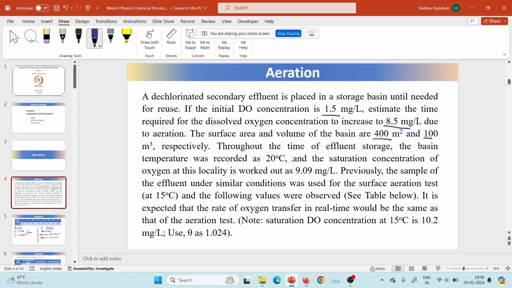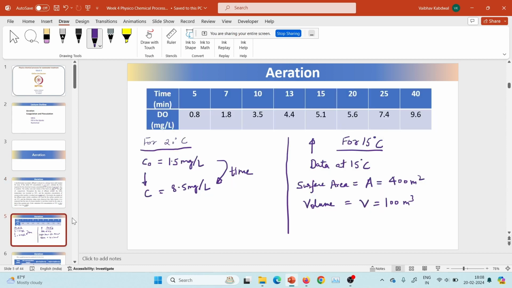DO saturated is also given at 20 degrees Celsius, and theta. These three values are also given.